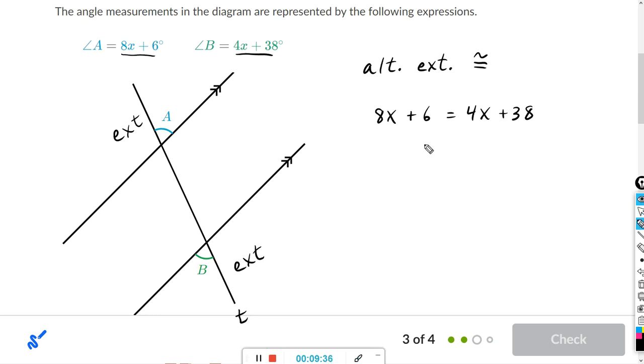So solving for x, that's going to be 4x equals 32 and x equals 8. You take the 8 and you plug it into the one they're asking for.